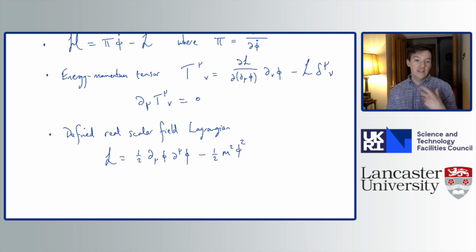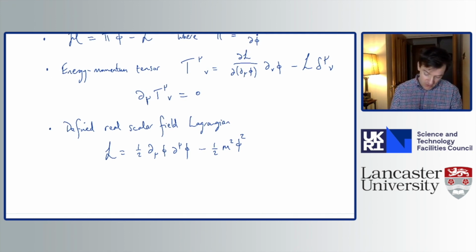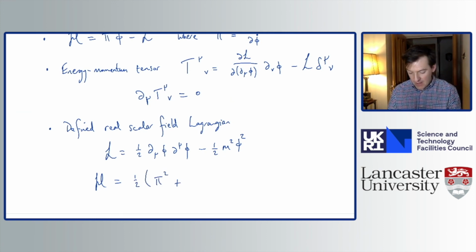We saw that this leads to the Klein-Gordon equation, the equation of motion that follows from this Lagrange density. In the problems, you'll have to derive the Hamiltonian density yourself: in this case, phi dot squared plus the spatial derivative of phi squared plus m squared phi squared, all multiplied by this factor of half.